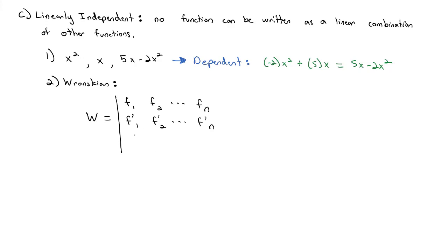And then the next row would be the second derivative of each of those functions. And then each row, we're going to continue taking derivatives going down until you get to finally the n minus 1 derivative of each function. Basically, we need to make it a square.